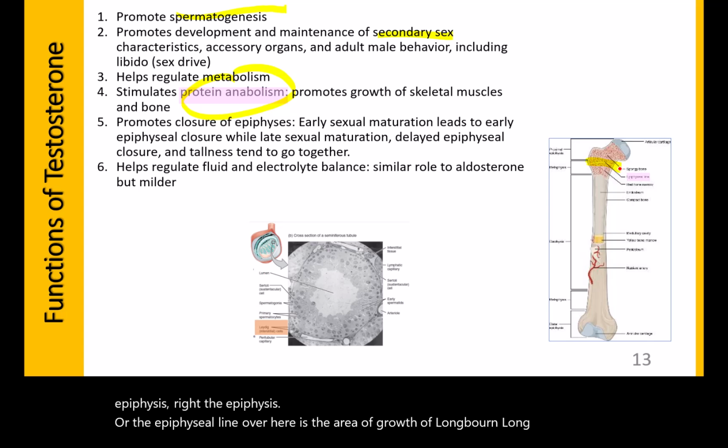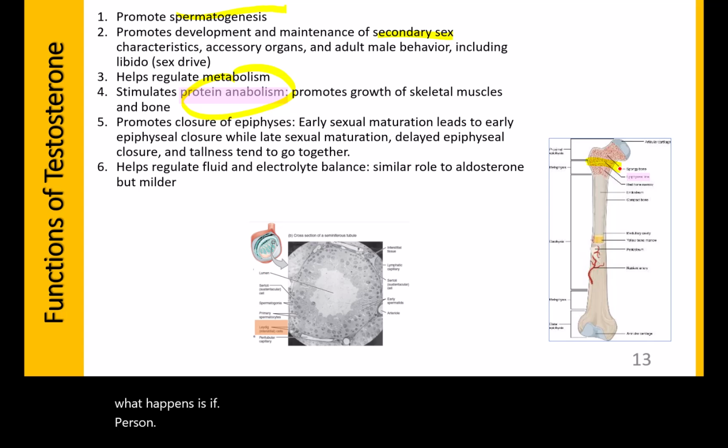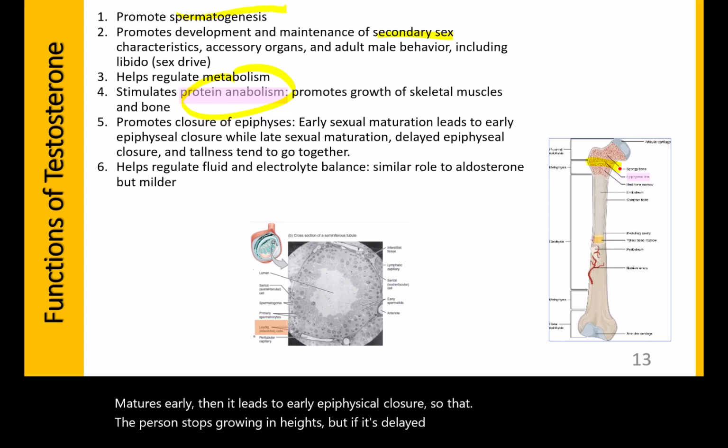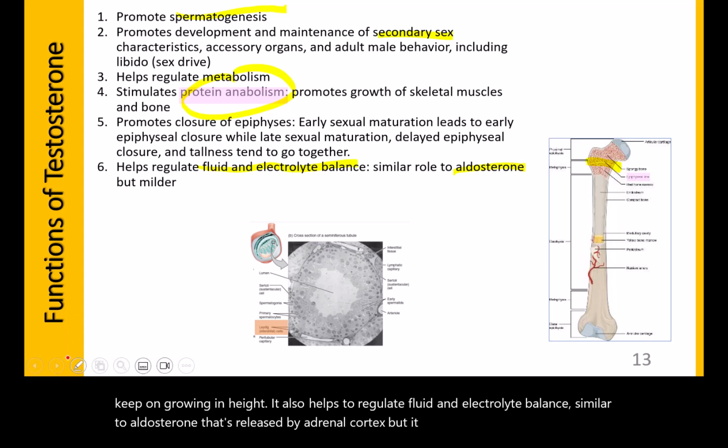So if a person matures early, it leads to early epiphyseal closure so that the person stops growing in height. But if it's delayed, that allows the person to keep on growing in height. It also helps to regulate fluid and electrolyte balance, similar to aldosterone that's released by the adrenal cortex, but it has a milder or less potent effect.